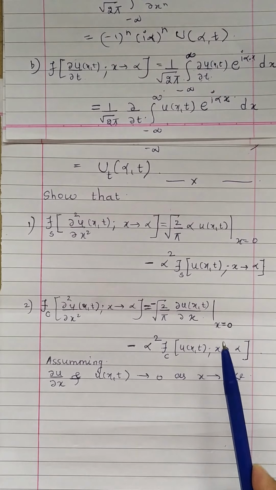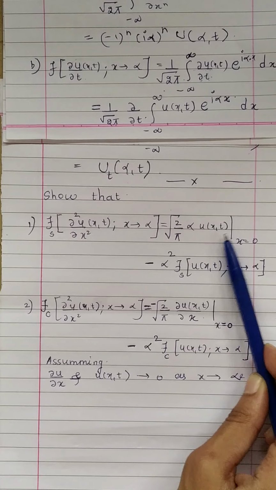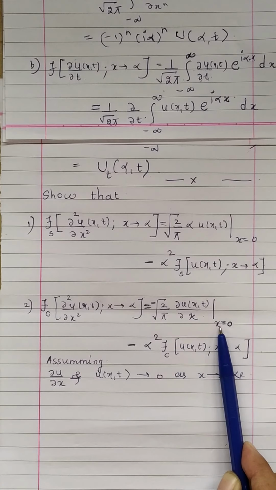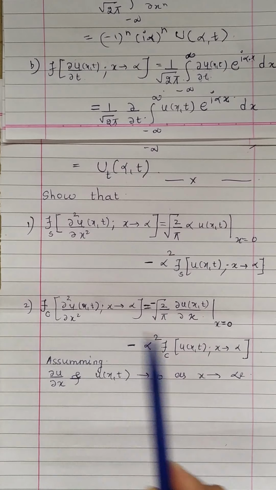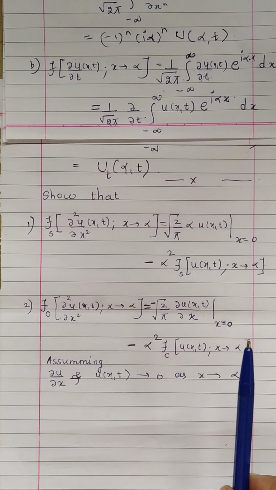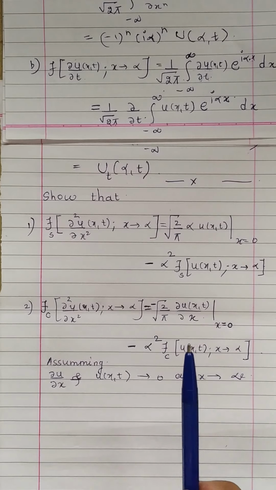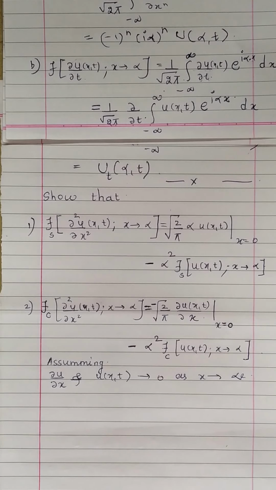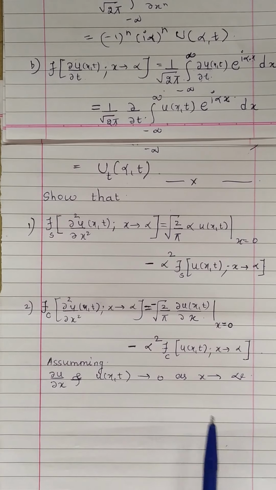Similarly here also, but observe carefully, here u(x, t) is remaining, while here dou u by dou x is remaining. It is because this will be the Fourier cosine transform. So the first time you use integration by parts, there will be a cosine term along with this term, and the second time, along with u of x, there will be a sine term.